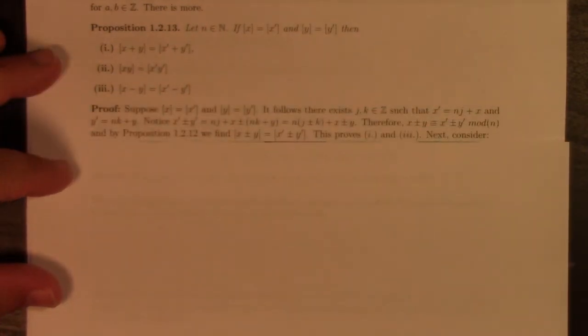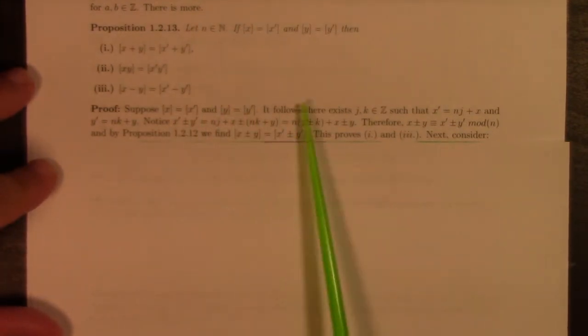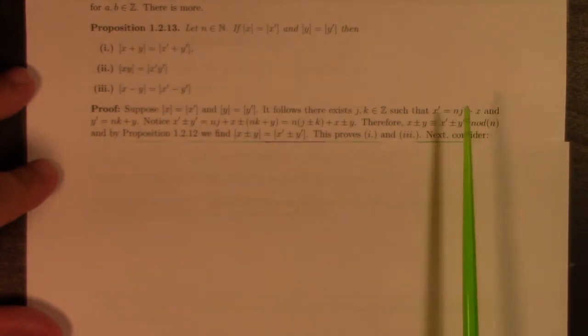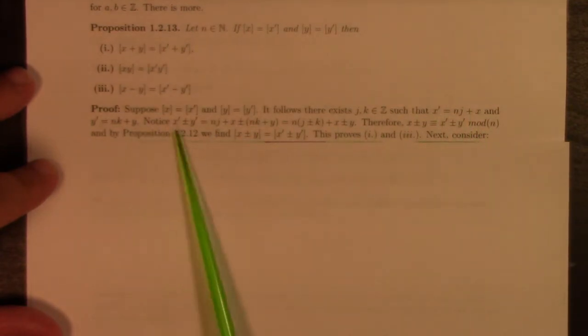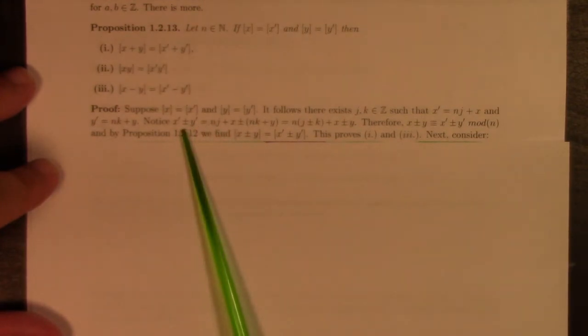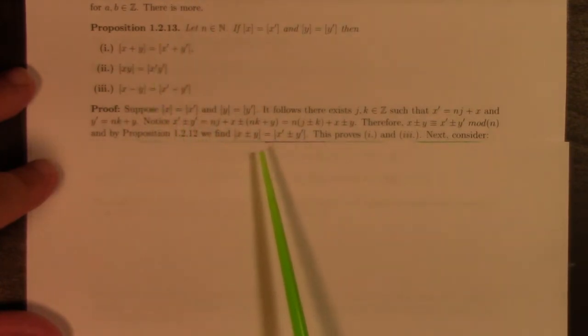Here it is. Suppose that we have this and that. That means that there exist j and k such that x prime is nj plus x and y prime is nk plus y. And I use the plus minus notation because, I don't know, I should just get rid of subtraction, no one cares about it. I could just get rid of 3 and just prove 1 and 2, that'd be enough.